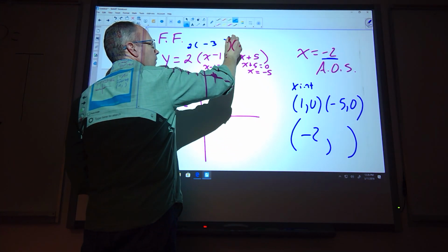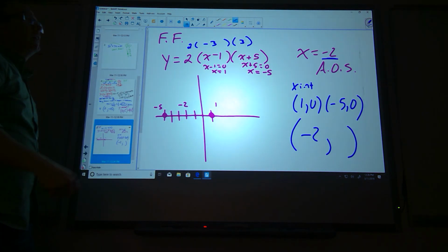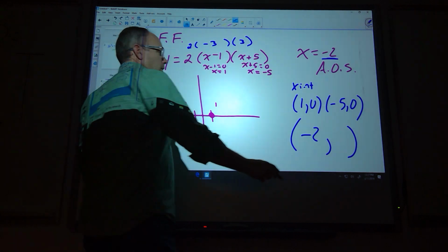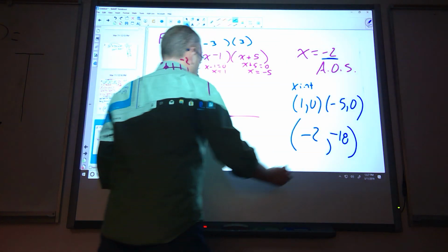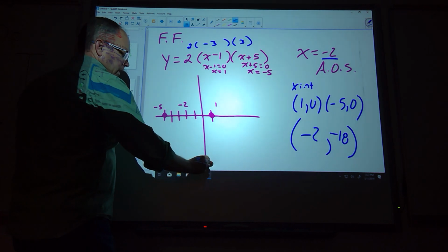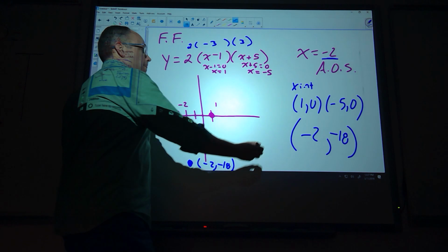And negative 2 plus 5 is positive 3. So 2 times negative 3 times 3. So 3 times negative 3 is negative 9. Negative 9 times 2 is negative 18. Yikes. So that's like way down here. Let's just pretend. That's my vertex.